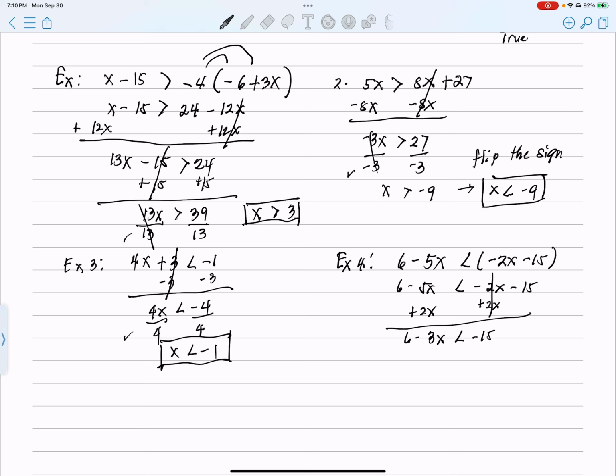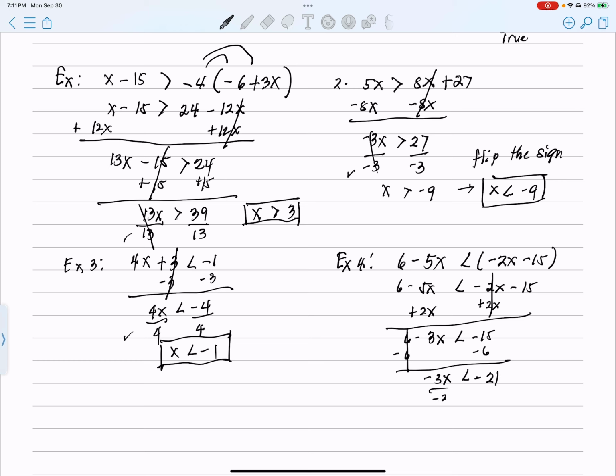I'm just showing you the step-by-step here. So I will subtract 6 on both sides. This will be negative 3x less than negative 21.